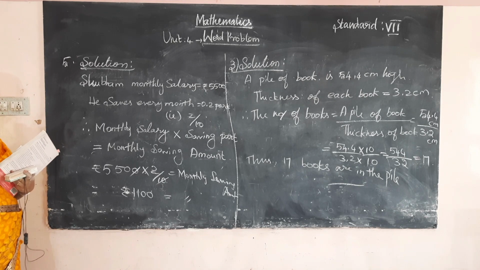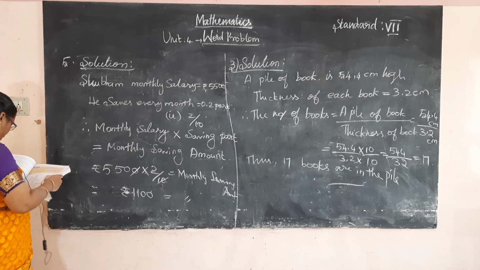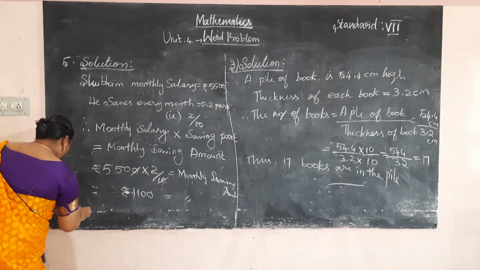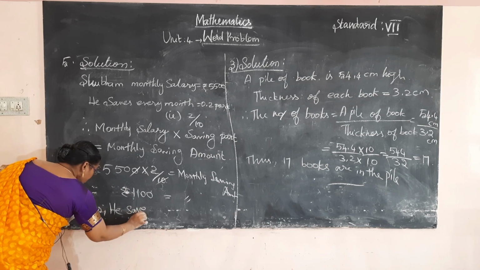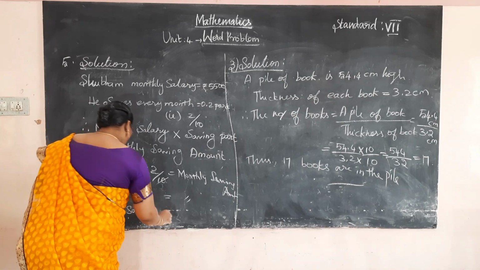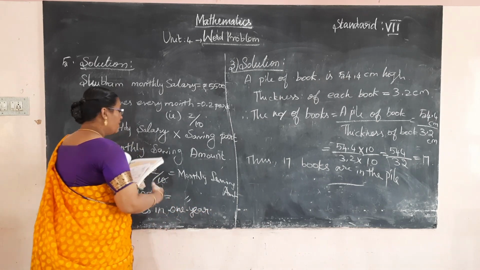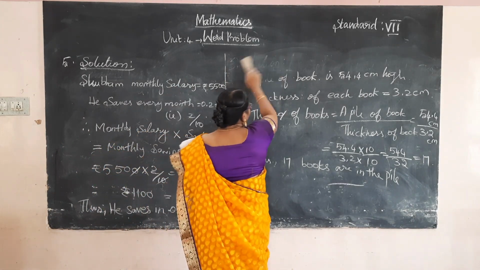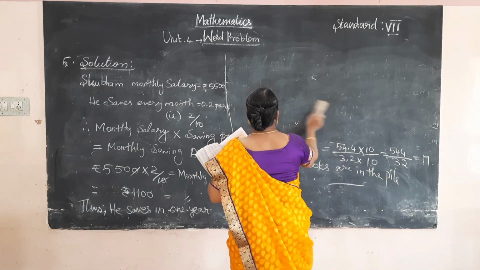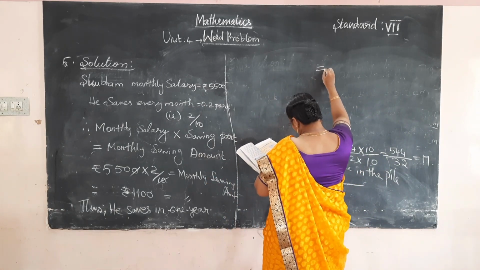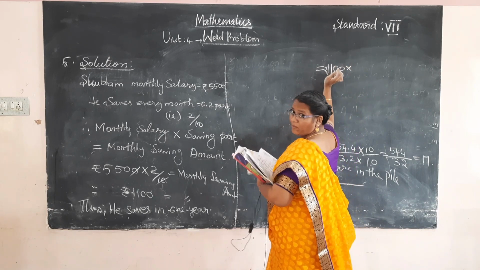So how many months in per year? 12 months. Okay. So he saves in 1 year rupees 1,100 into 1 year means how many months? 12 months.